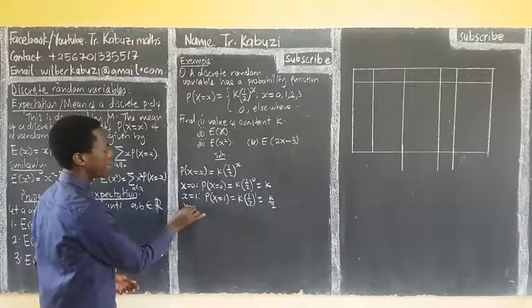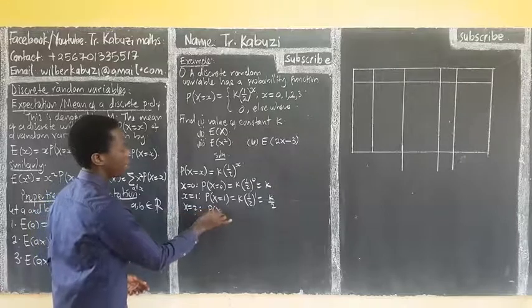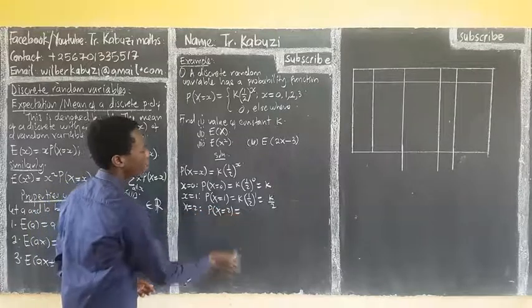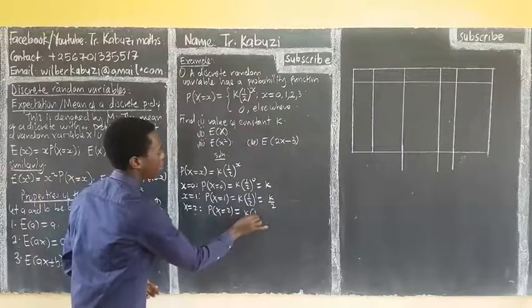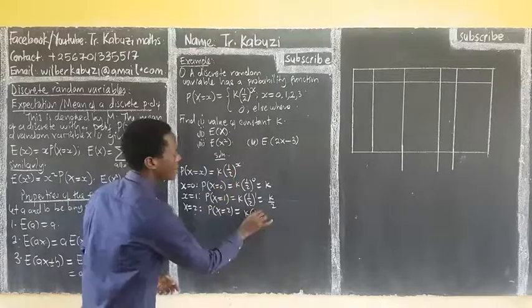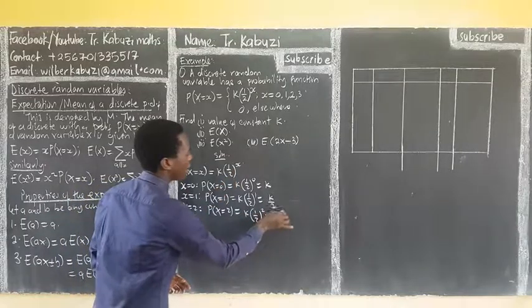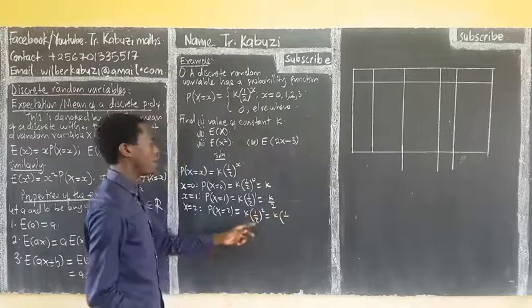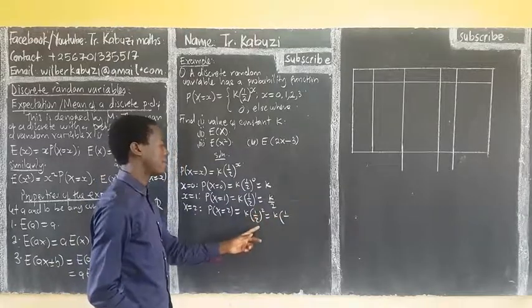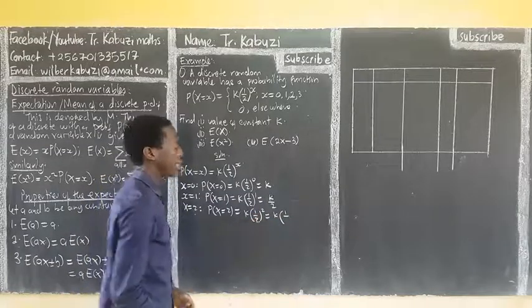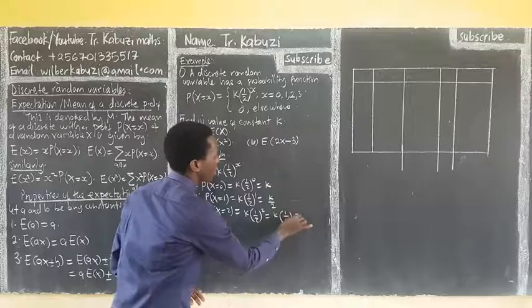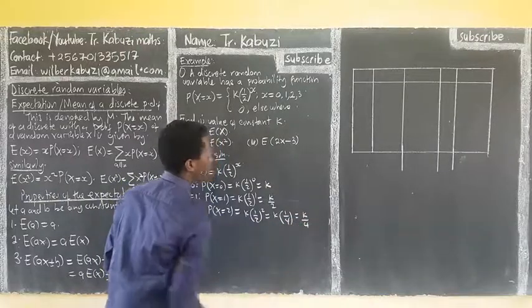When x is 2, P(X=2) is k into half power 2. 1 power 2 is 1, 2 power 2 is 4, which gives us k over 4.